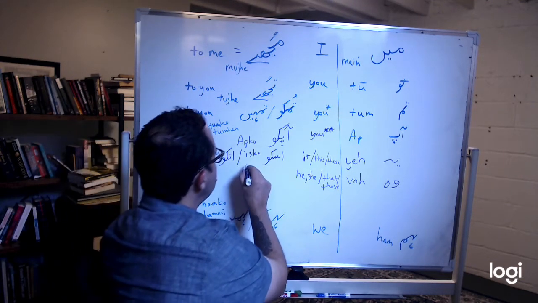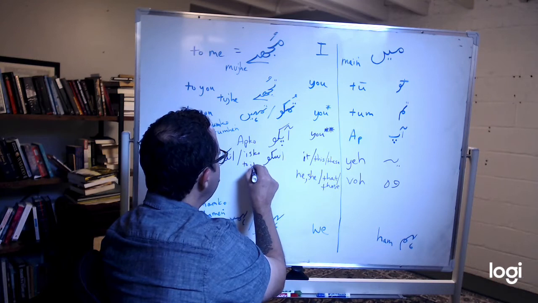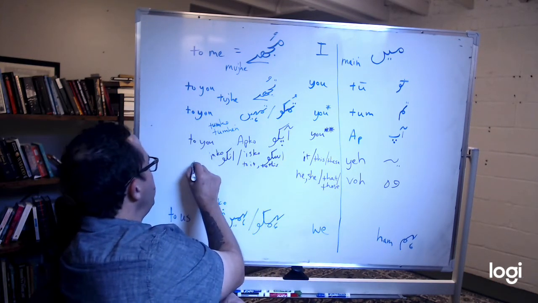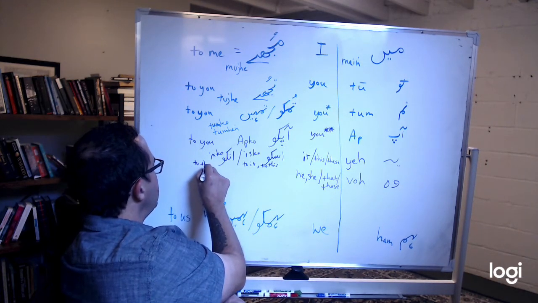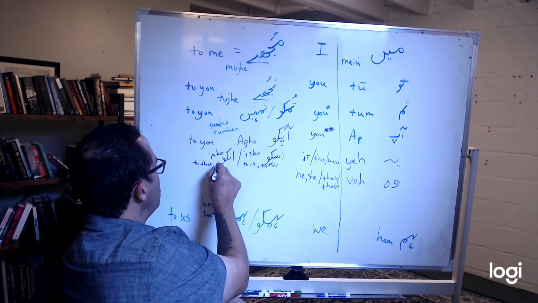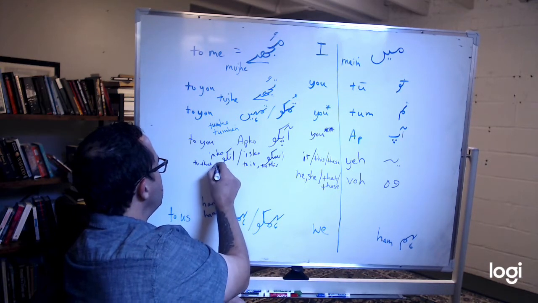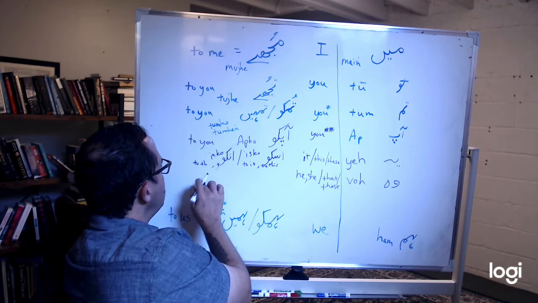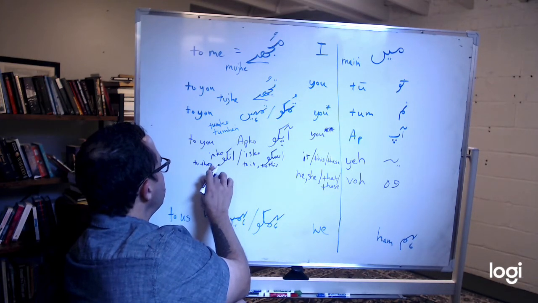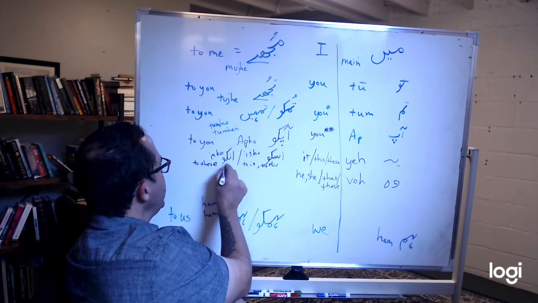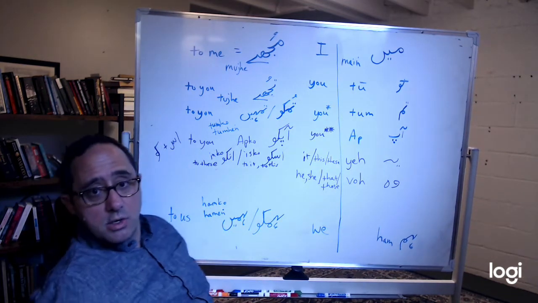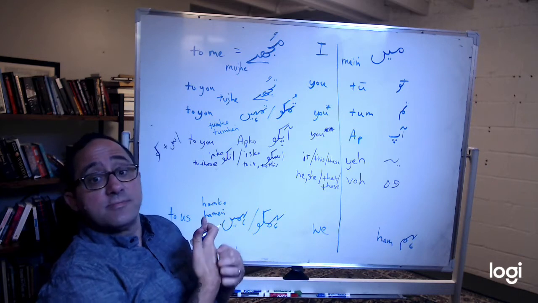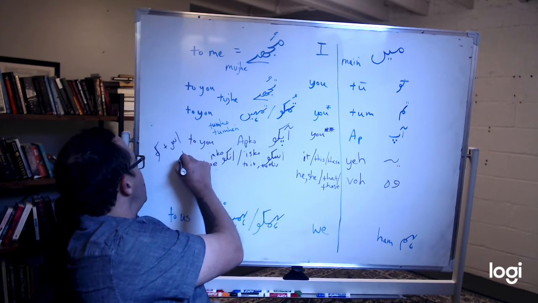So this would be to it, to this. I'm sorry, to this, to these. To these is inko. Is plus ko is singular. In plus ko is plural.